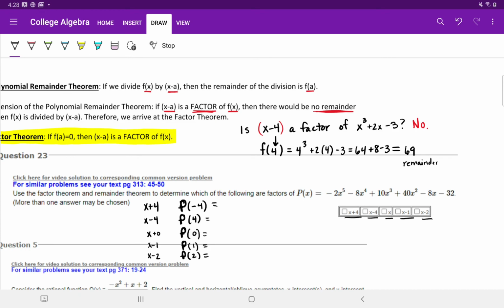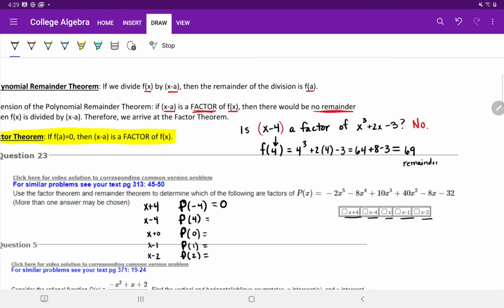Okay, so I've just typed my function in, and now I'm going to plug in all of my test points. So first I'm going to plug in negative 4. And I get 0. Well, that was convenient.